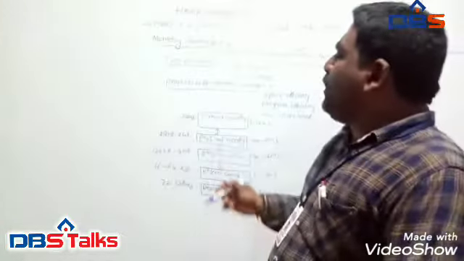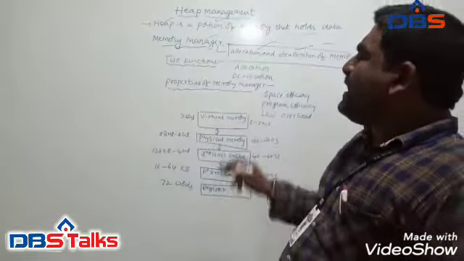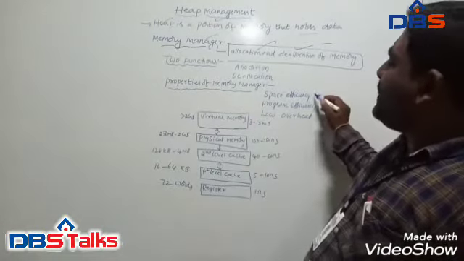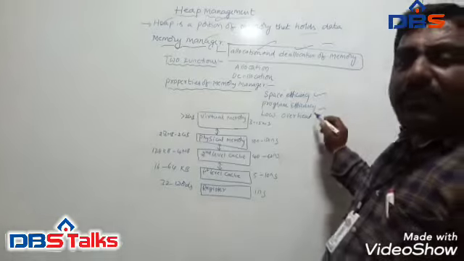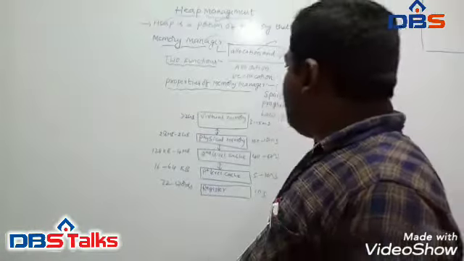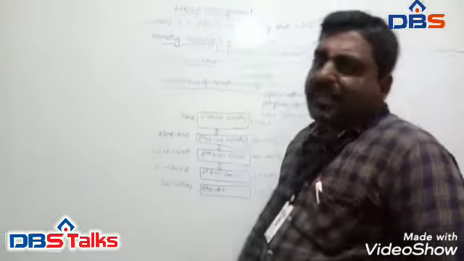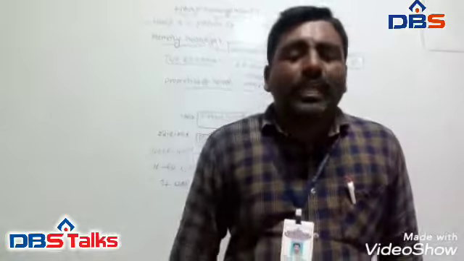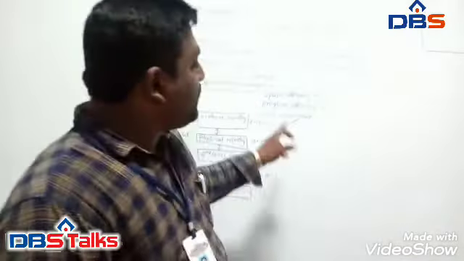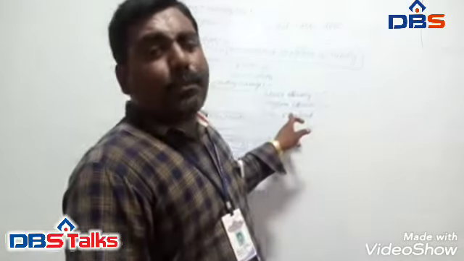Next, coming to the properties of a memory manager. The first one is space efficiency, the second one is program efficiency, and the third one is low overhead. What is meant by space efficiency? Space efficiency means it should minimize the total heap space required by a program. What is meant by program efficiency?